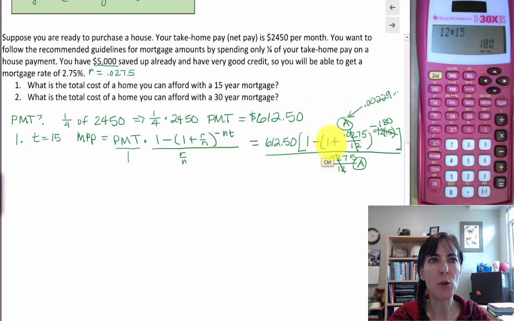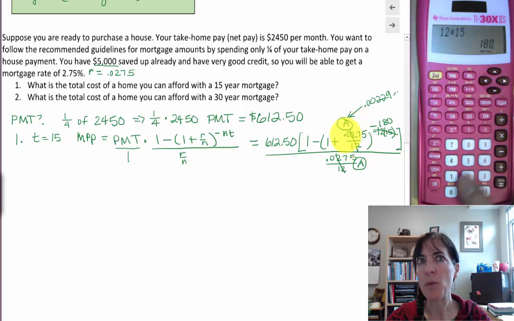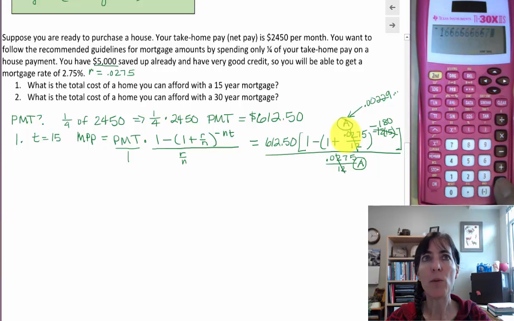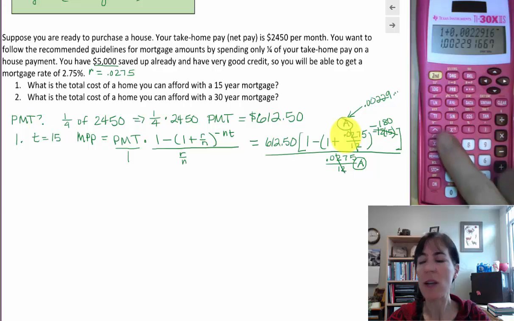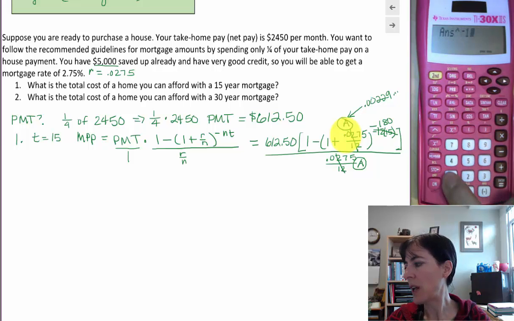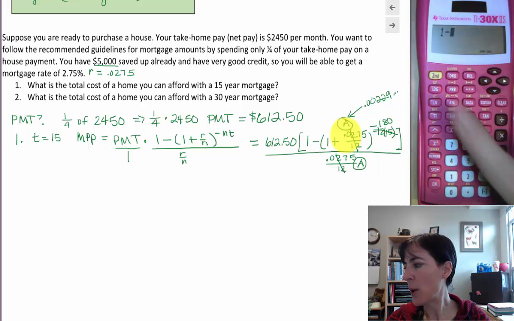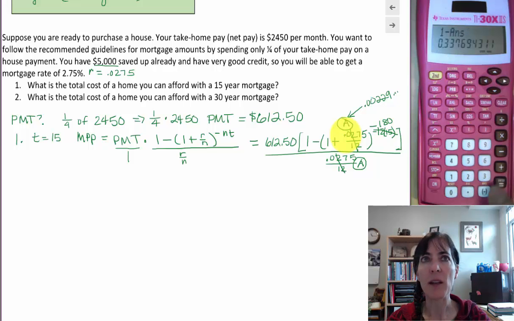So back to my numerator, I have 1 plus A. My A is not on my calculator at the moment, so 1 plus, recall A, and I get 1.0229, and that makes sense, and to the negative 180, and then I have to take 1 minus answer, and now I have the whole thing in the square brackets.